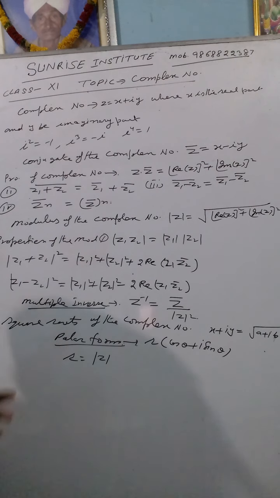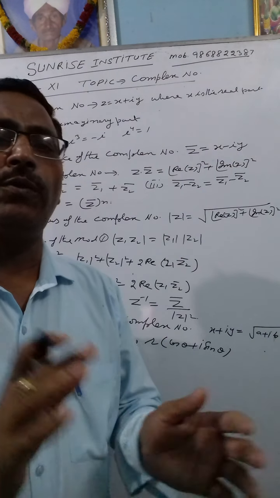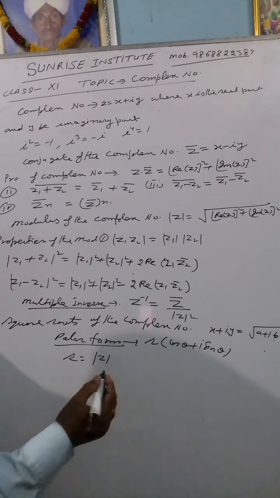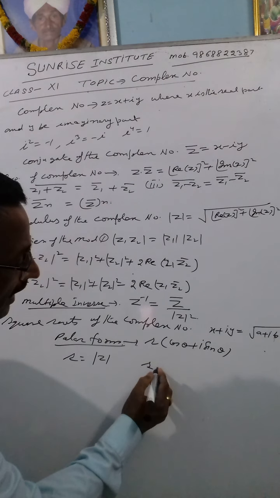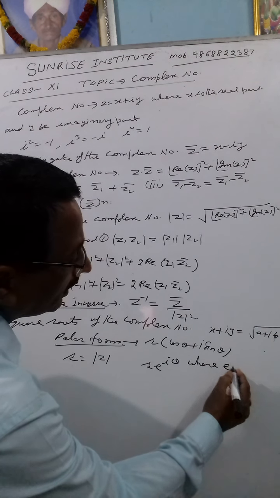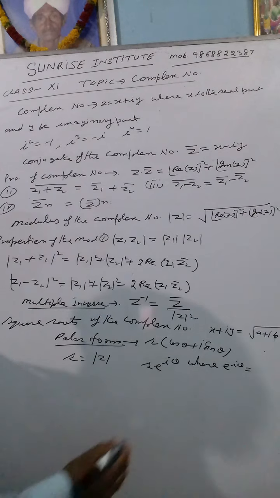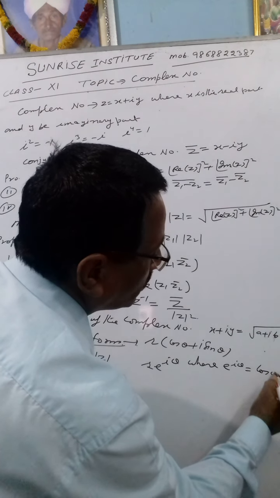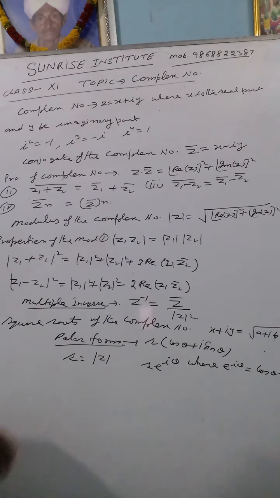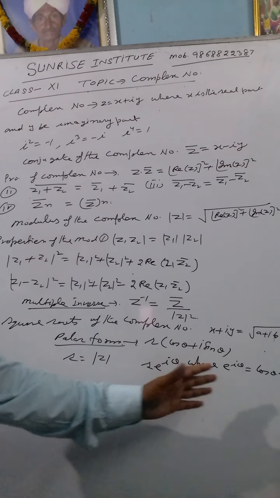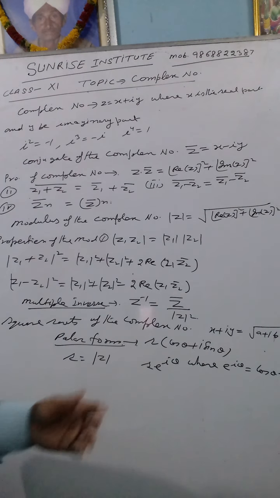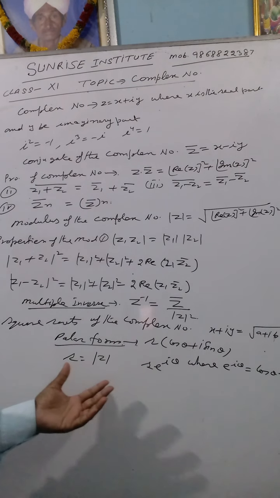And we can write the short form of the polar form as r e to the I theta, where e to the I theta equals cos theta plus I sin theta. Okay students, that is the polar form.